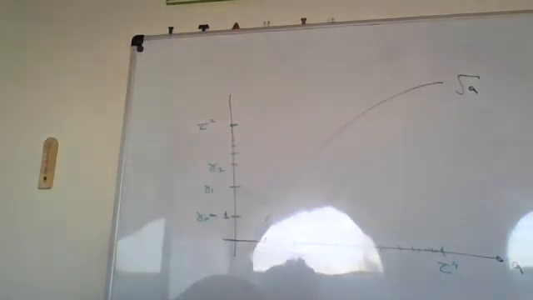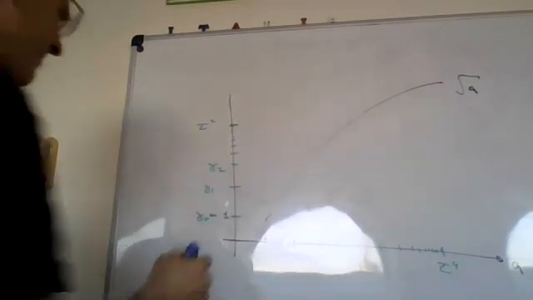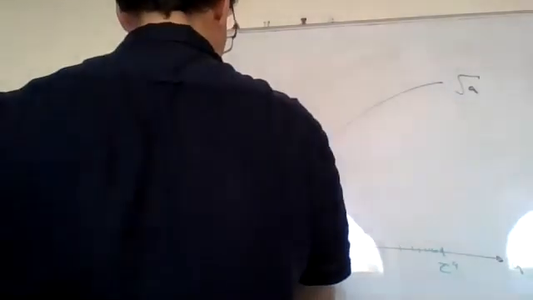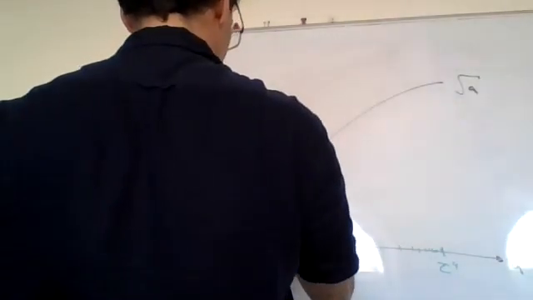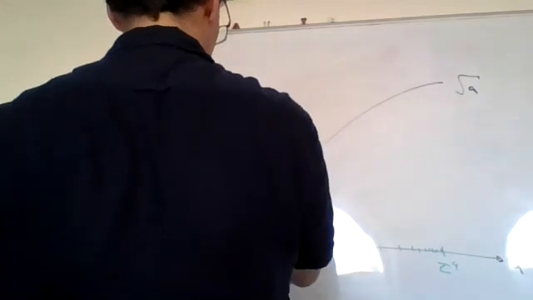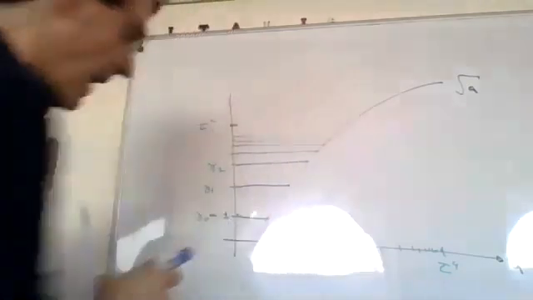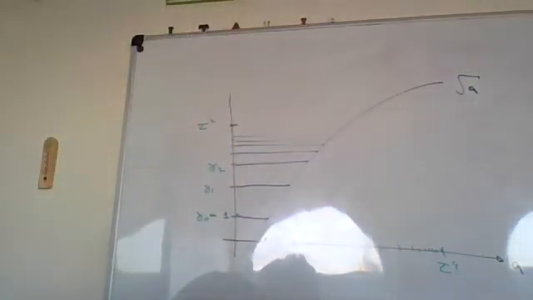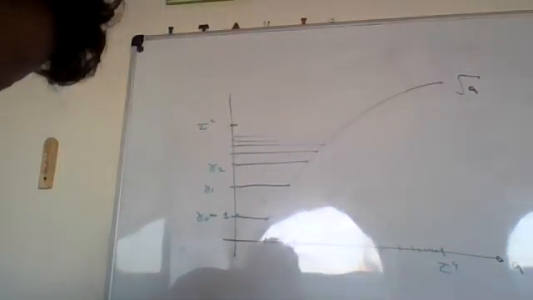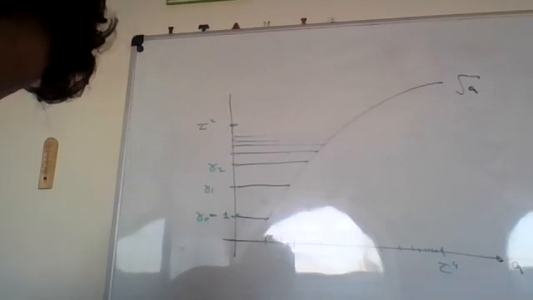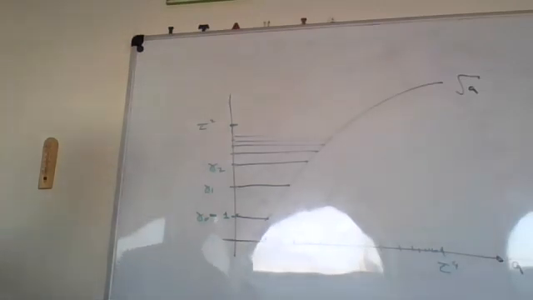Okay, so now you draw horizontal lines, and so on, for horizontal lines until the volume constraint. And then you do the following.